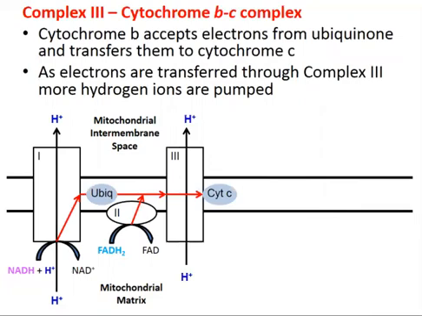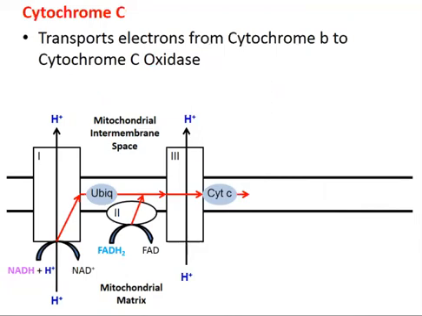Complex 3 is also known as cytochrome B, and it's another hydrogen ion pump. As electrons are transferred to complex 3, we get more hydrogen ions being pumped, increasing that concentration gradient across the mitochondrial membrane.